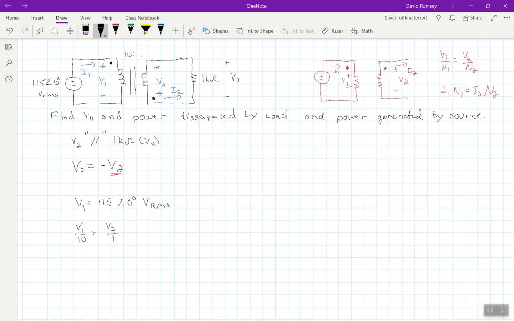So I have 115 at an angle of 0 degrees over 10 is equal to V2 over 1. In other words, this is similar to what we did in our previous problem here, I think. V2 is equal to 11.5 volts RMS.